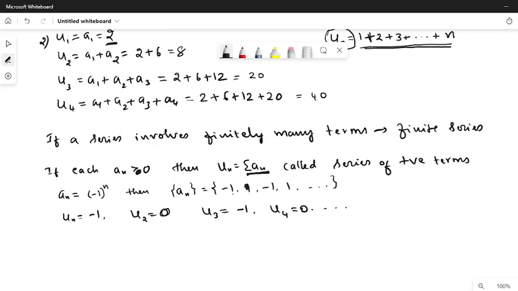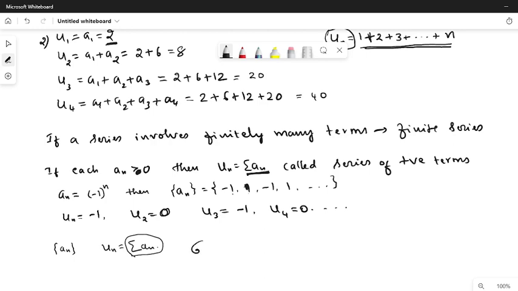So then we have one more parameter. Given a series, let us start with the sequence. I have a sequence a_n, and corresponding to that I have a series u_n equal to summation a_n. So here summation a_n means I am just adding the first n terms of the sequence.